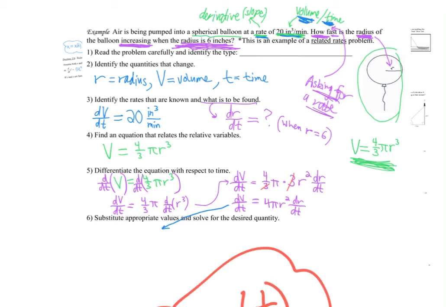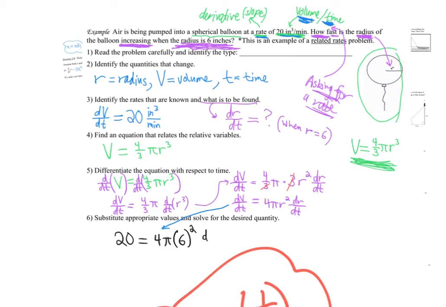Okay, so what you should have gotten is something like the following. dV/dt we saw was 20, so I'm going to plug in 20 for dV/dt on the left hand side. The 4 pi is just left over from the right hand side. Those are just constants. For r squared, I should plug in 6 for r, so I should have 6 squared.